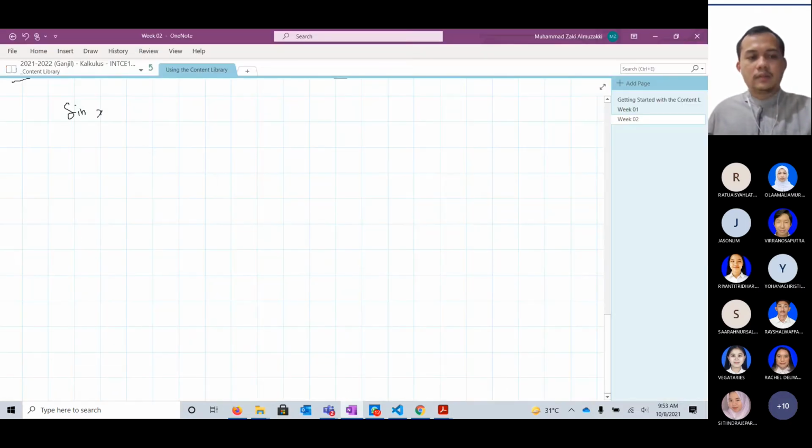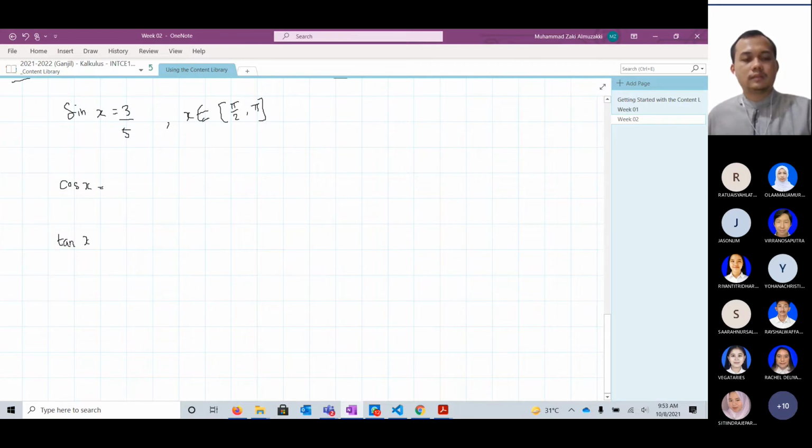Sine of x equals 3/5 and x is in pi/2 up to pi. What is cosine of x? And what is tangent of x?